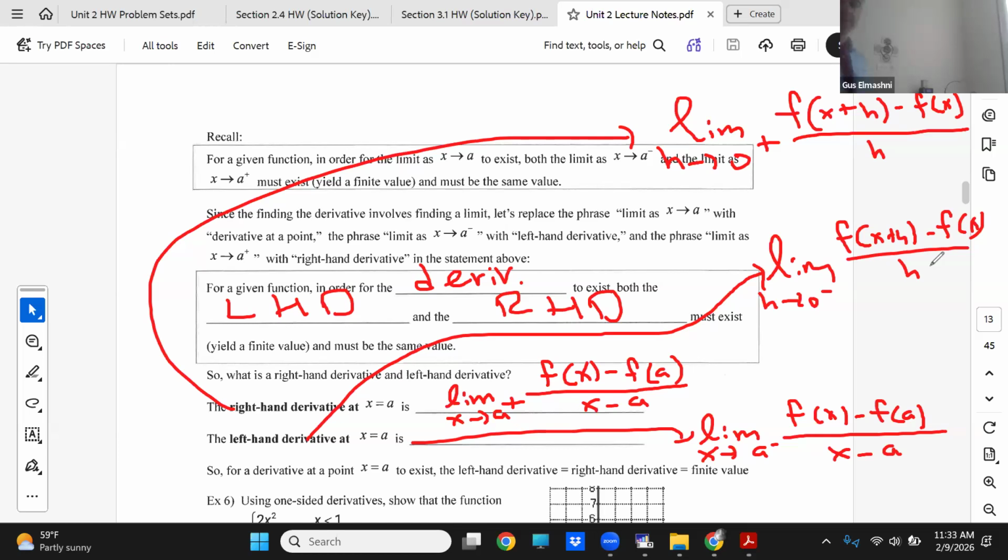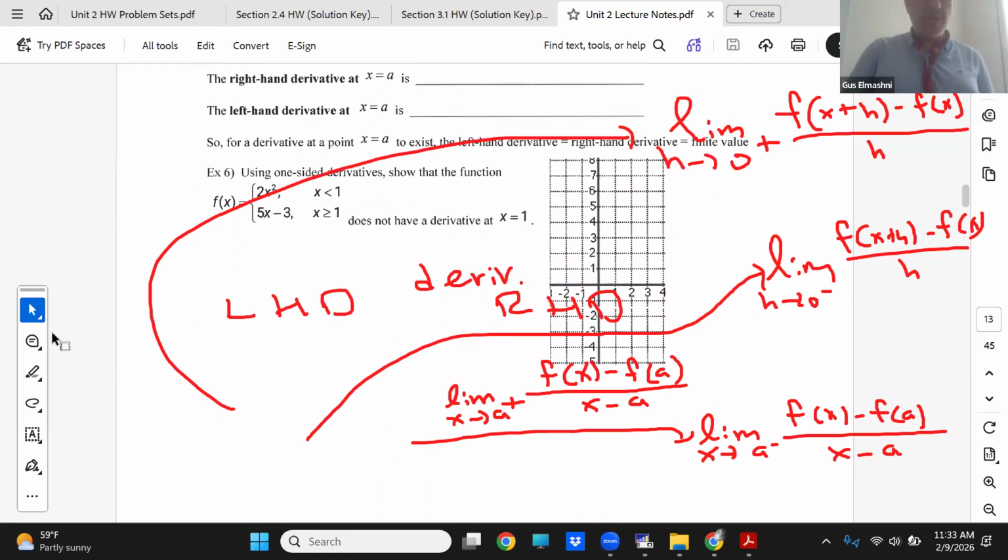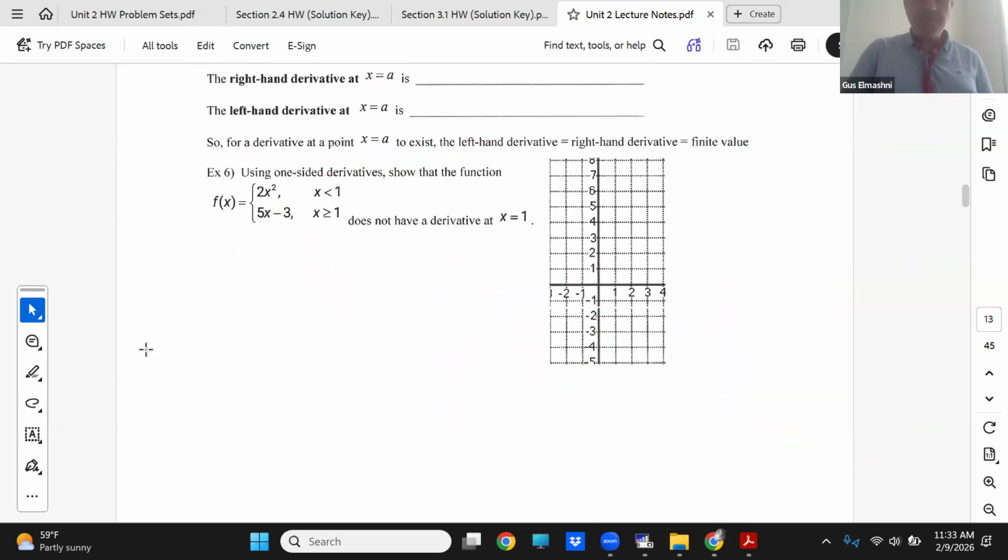So let's do some practice for example 6. You're asked to show a function that does not have a derivative.